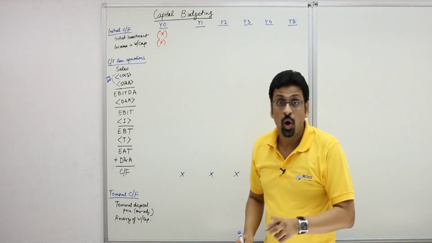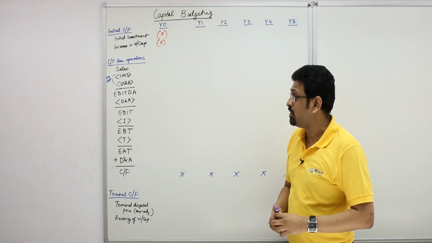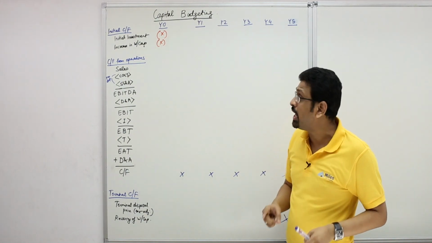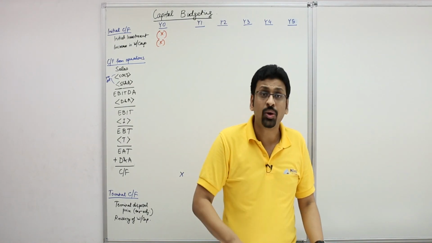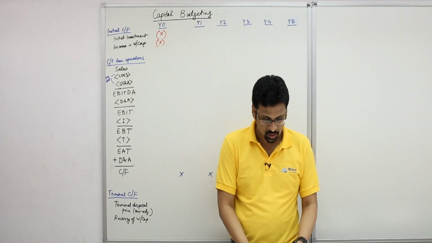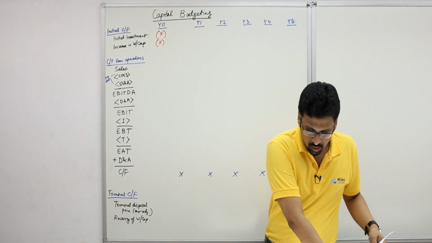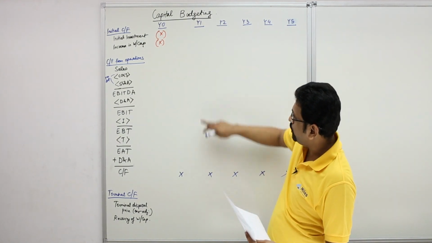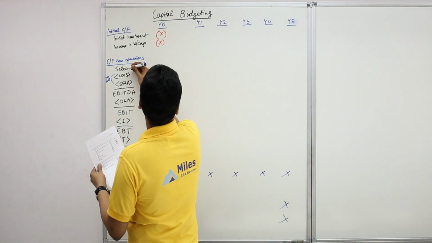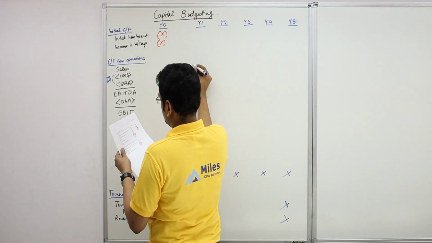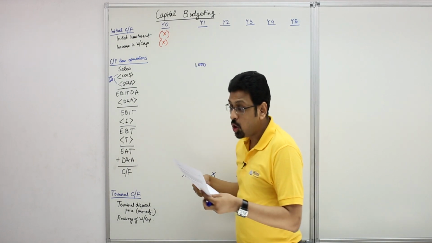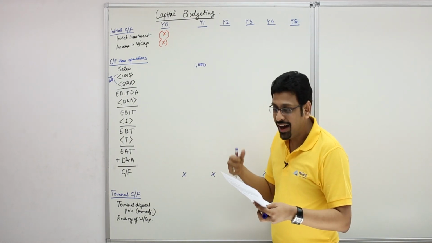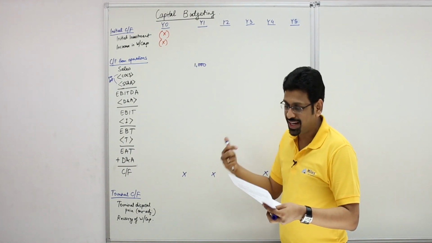Now, as I told you, a very important consideration here is we are not looking at accounting profit, we're looking at cash flows. So let's look at an example. Let me put all the numbers for year 1 here. Let's say sales is $1,000. Then you have costs, and look at this, costs other than depreciation, interest and taxes.